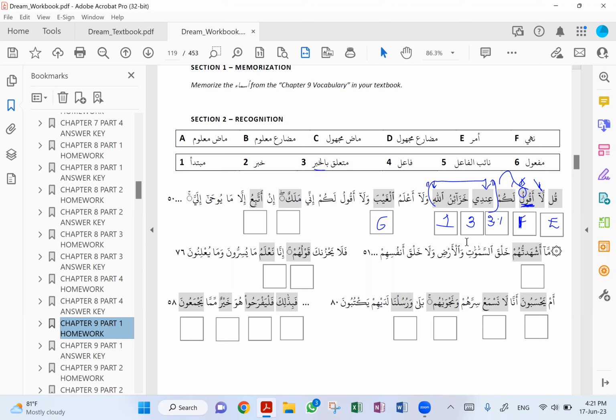But that whole sentence will be maqulul qawl, I think. Yes, the whole la aqulu sentence. Lakum indi khazainullahi. Or just this part, عندي خزائن الله, will be the مقول القول, not from the beginning? So the lakum is the only part, and عندي خزائن الله, I think it is a different sentence. Am I right? Yes. So we have the first قل.